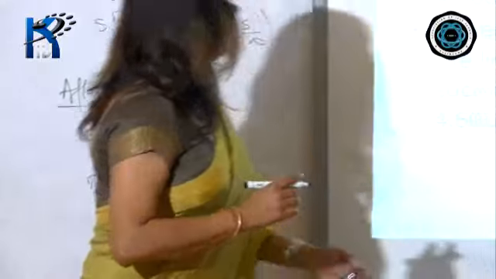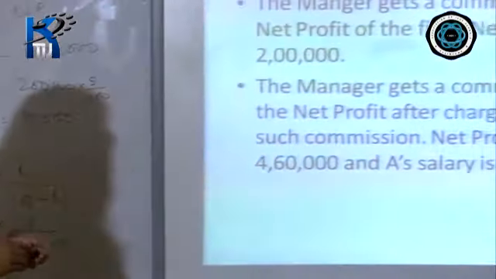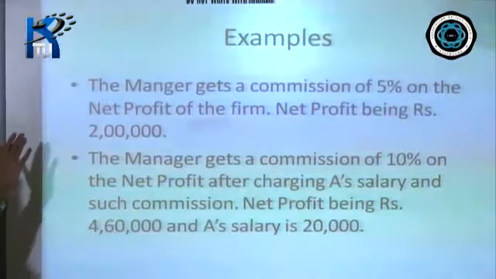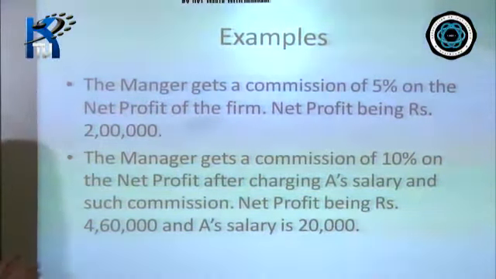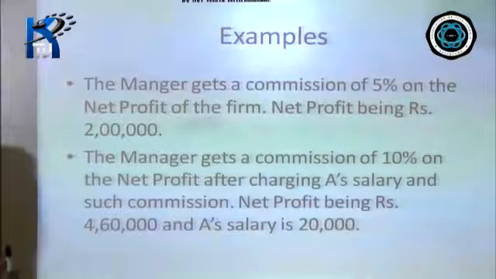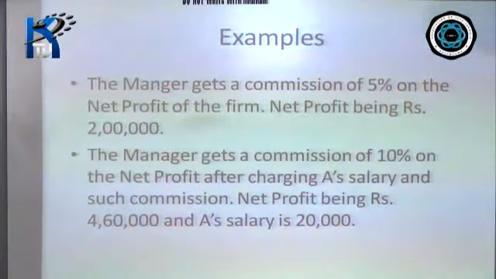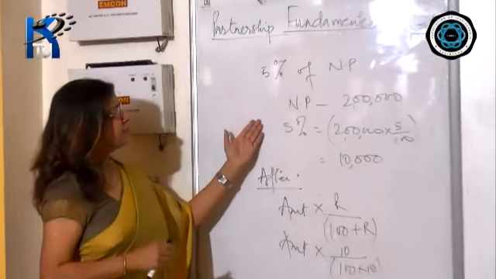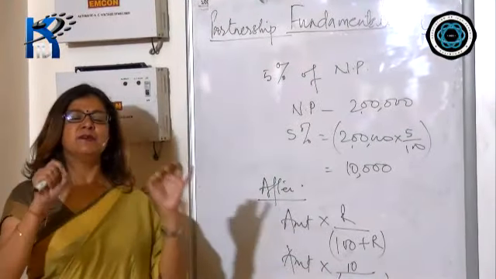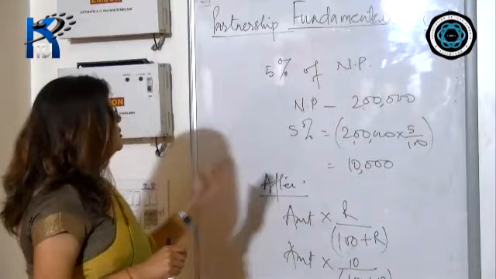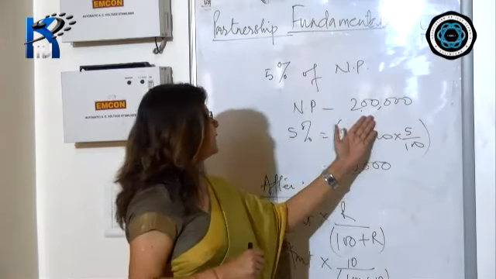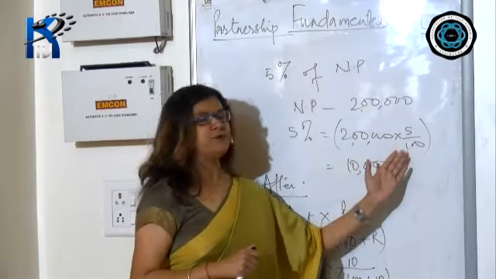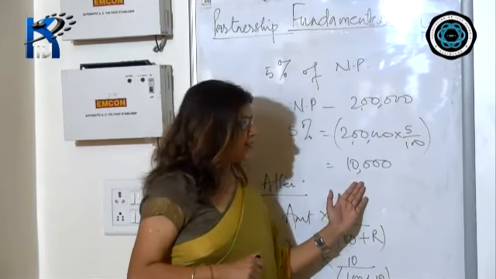Let's talk about a particular question. I've taken two examples. In the first example, it is just given that 5% of the net profit of the firm, and the net profit being 2 lakh. So this is a simple thing, a simple 5% is to be charged: 2 lakh into 5 upon 100, which is 10,000.